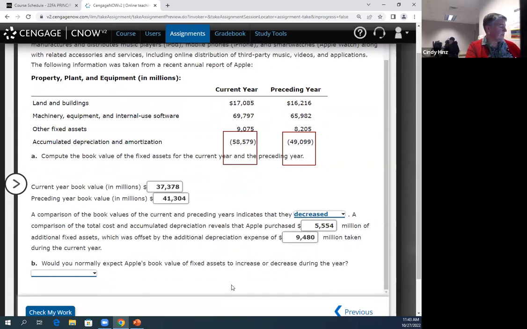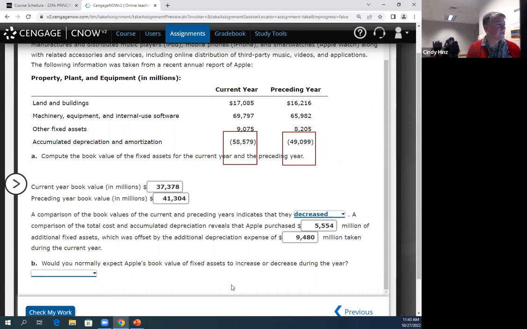The last question is interesting because it is a judgment call on your part. Would you normally expect the book value to increase or decrease during the year? So you'd have to know, is this company growing or not? A growing company, you would expect the book value to increase.